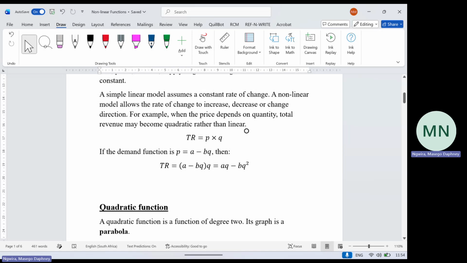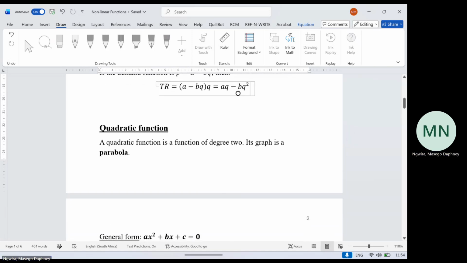So this square makes the whole function a quadratic. So let's look at this first.